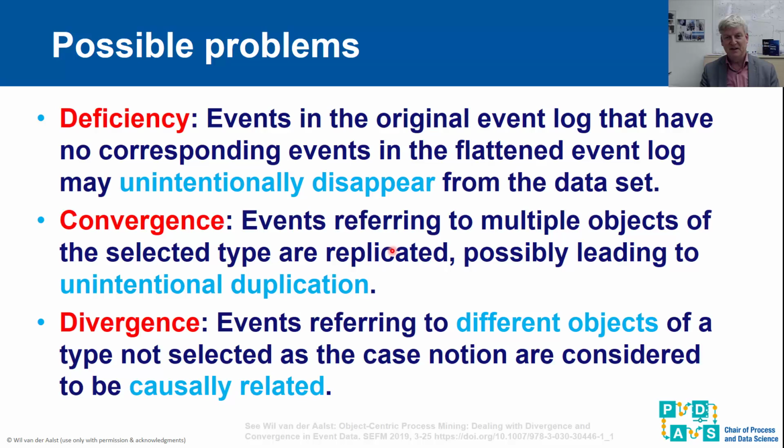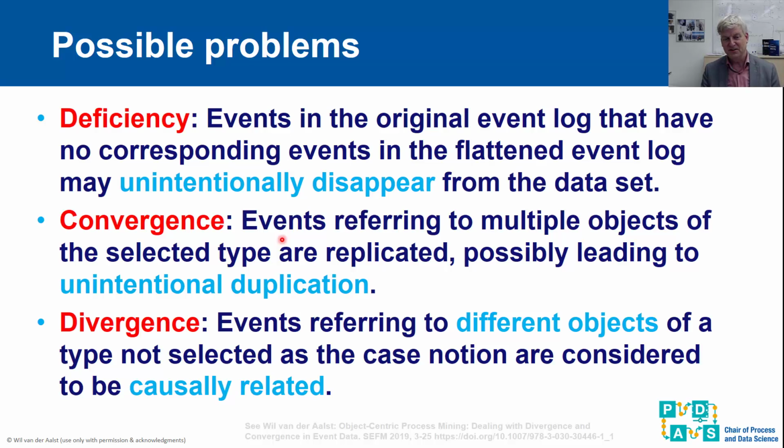The other problem is convergence. We have events referring to multiple objects, we just saw that, where we are replicating things, and this may lead to confusing diagnostics because our numbers are no longer correct. I will explain this in a minute. The last problem is divergence.